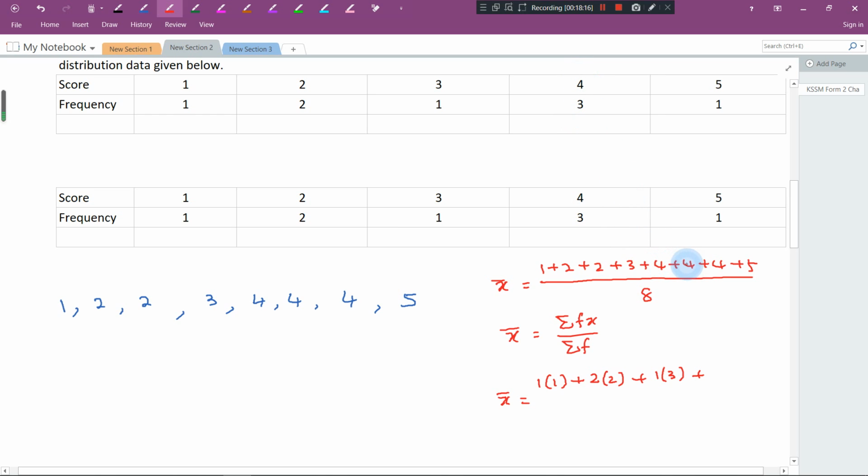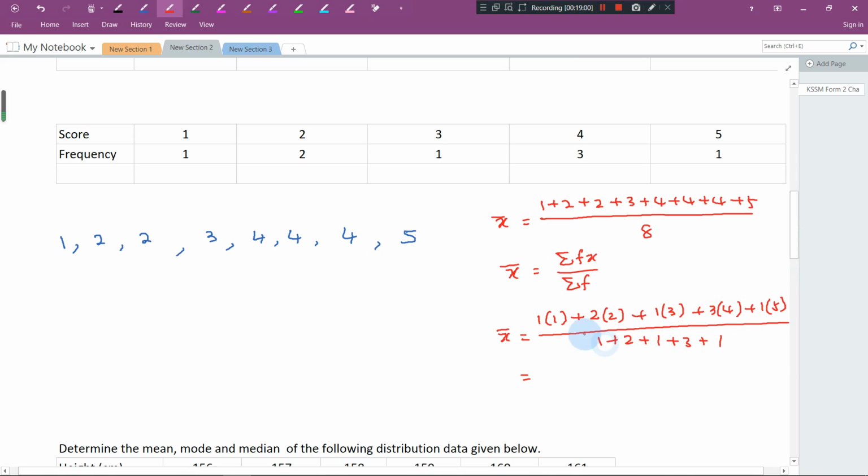I don't have to write 4 plus 4 plus 4, I can just write 3 times 4, fx. And then 1 times 5. So this is the meaning of sum of fx. Take the frequency times the corresponding data, add them all up, and divide by the total frequency. 1 plus 2 plus 1 plus 1 plus 2 plus 1 plus 3 plus 1 will give us 8. So these two methods give you exactly the same answer.